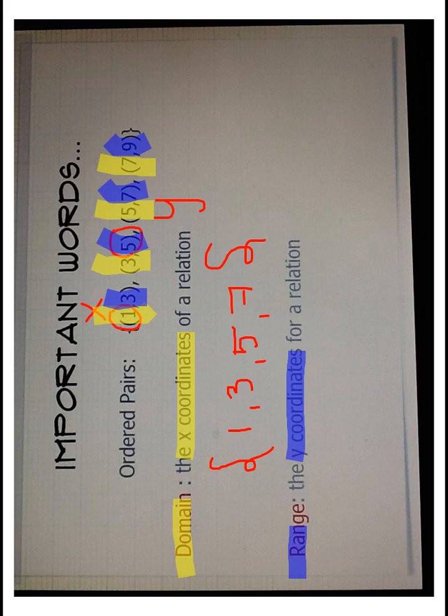That I've done in blue. Now this is our range. So we're going to go back through, and we're going to do 3, 5, 7, and 9. Now that is our range. So the domain and the range are sets of coordinates that come from your ordered pairs. These are going to be important to remember as we go along.